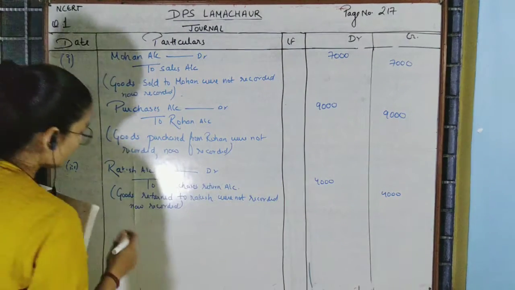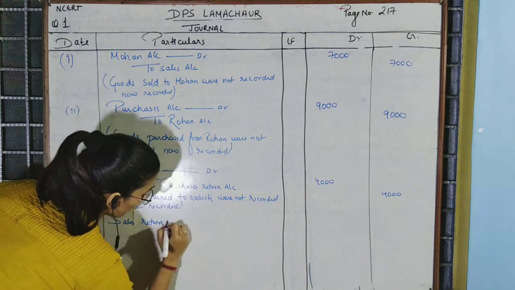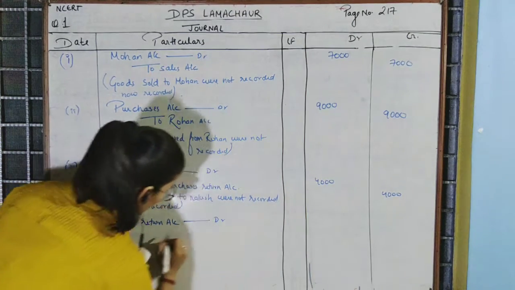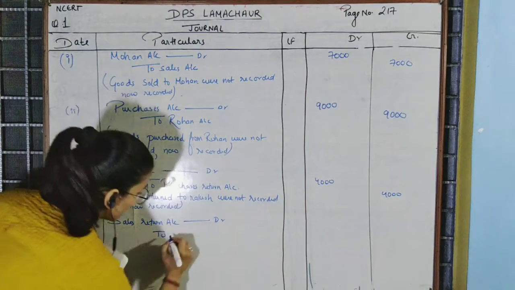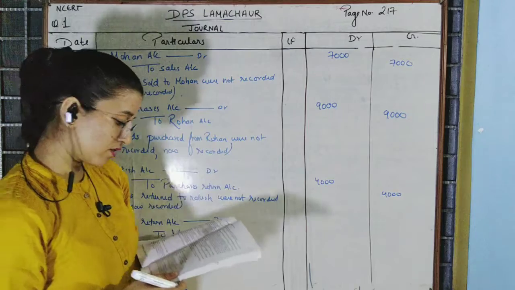Entry for this transaction will be sales return account debit to Mahesh, and the amount is 1,000.